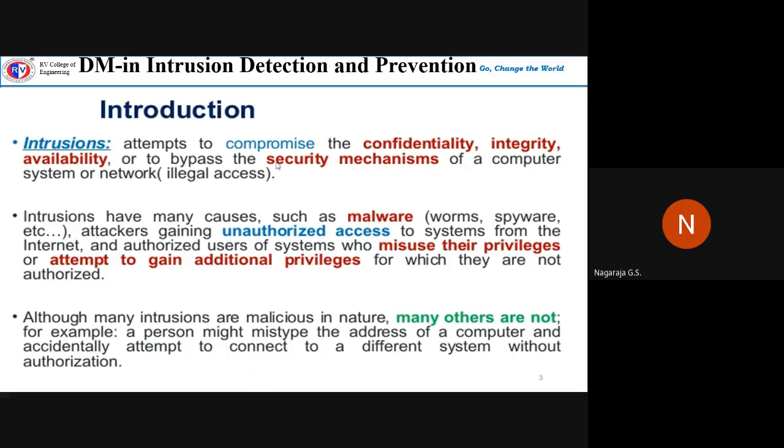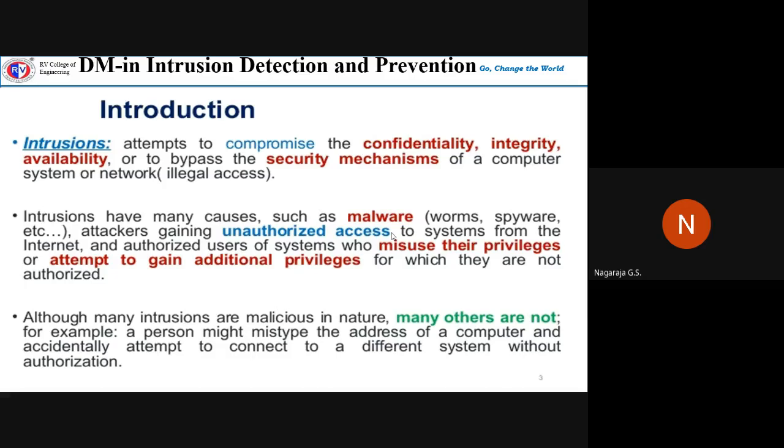Then intrusions have many causes, such as malware, which includes bombs, spyware, etc.; attackers gaining unauthorized access to systems from the internet; and authorized users of systems who misuse their privileges or attempt to gain additional privileges for which they are not authorized. I think it's right: the intruder is trying to gain access to your system or your network.